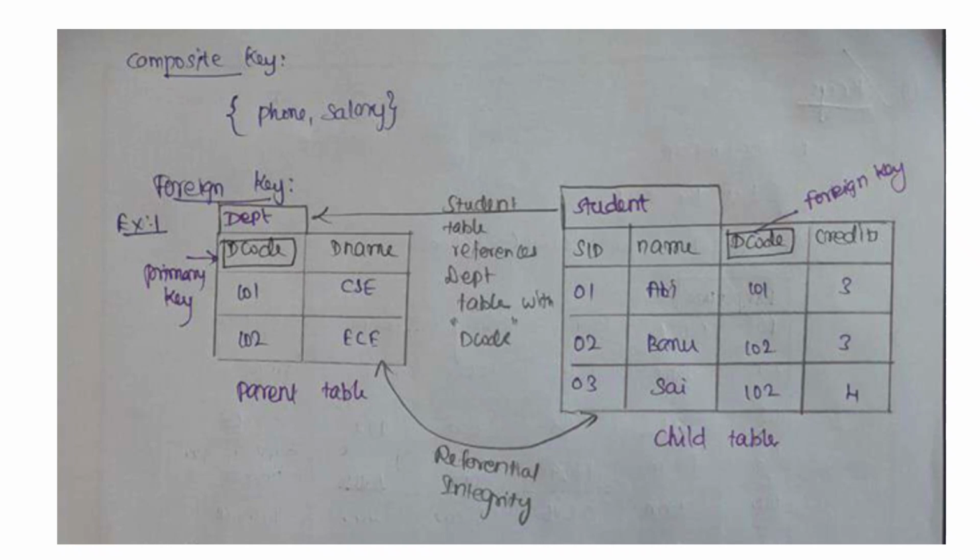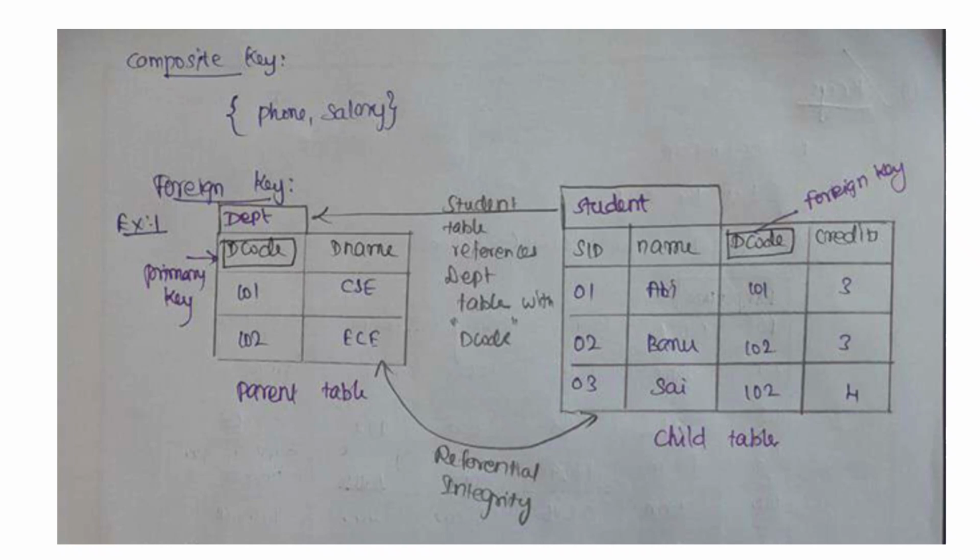Next, the foreign key. For the foreign key, we should refer to two tables, that is two relations. Here the department is one relation and student is another relation. The department relation has department code and name attributes, and the student relation has 4 attributes.